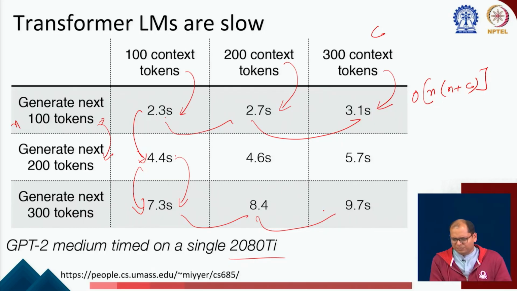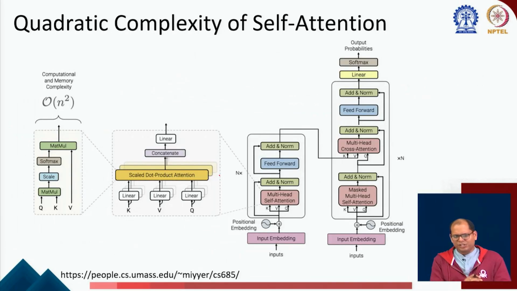1.1 and roughly same. Right. So why does that happen? Because we have seen the main computation that happens in transformer is this scaled dot product attention, where I am multiplying.